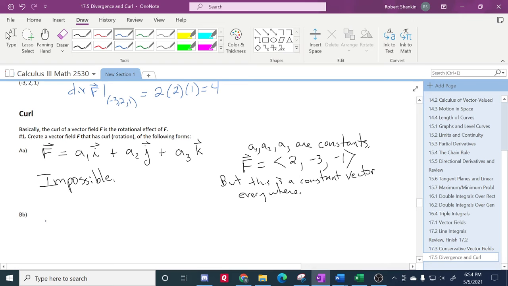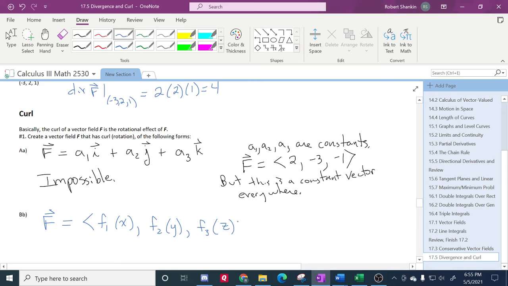Create a vector field that has this format. And I'll use this notation this time. F1 of x. F2 is a different function, but it only has y in it. And F3 is a different function, but it only has z's in it.